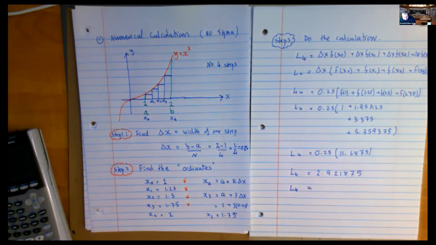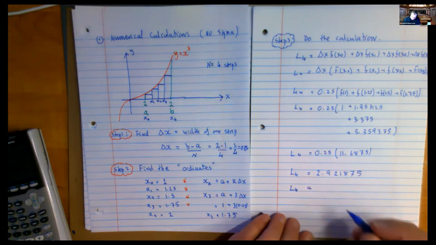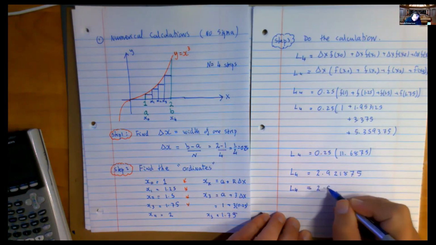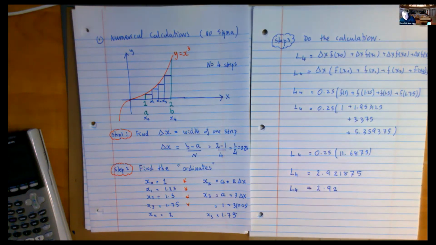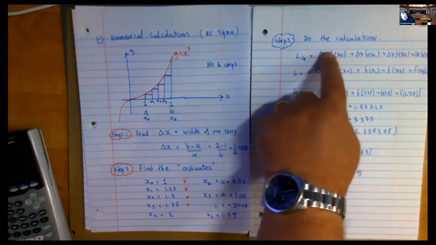You're almost guaranteed never to have that accuracy. The book or the homework will say, give your answer rounded to 2 decimal places. And if it did, the answer would be 2.92. And in that little box, that's all you would end up typing. Now, there's a lot of steps here.